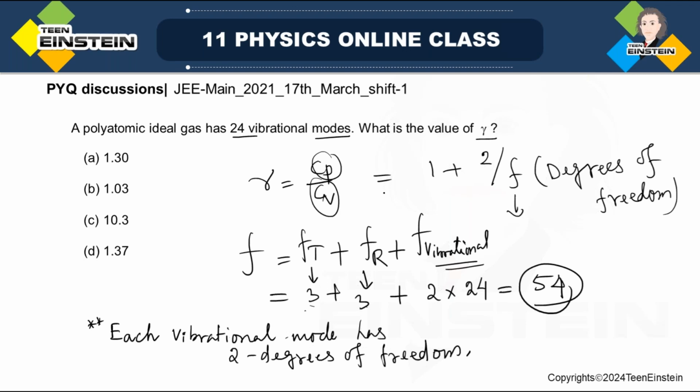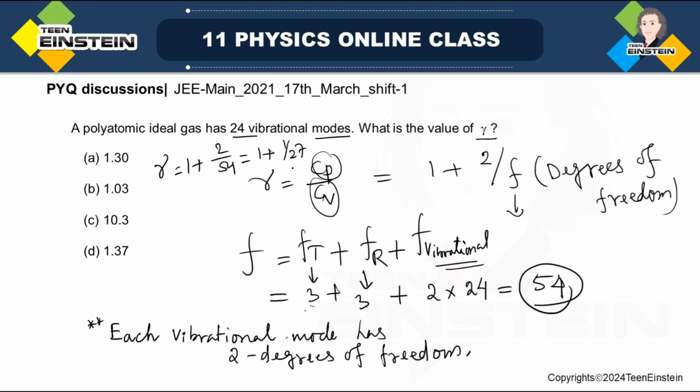Then what will be the value of gamma? We know gamma is 1 plus 2 by f, so 2 by 54, which I can write as 1 plus 1 over 27.